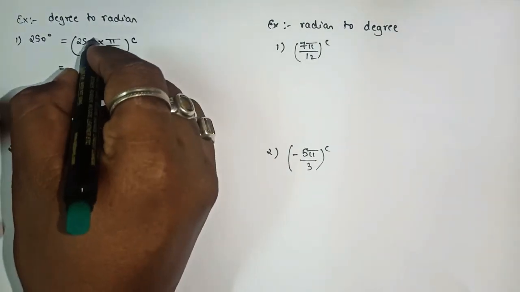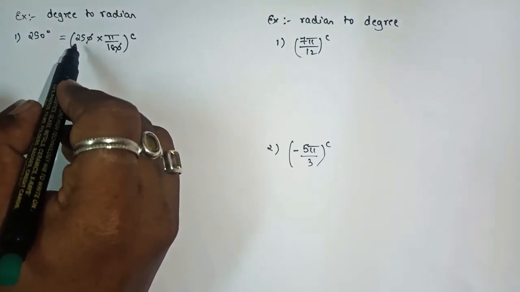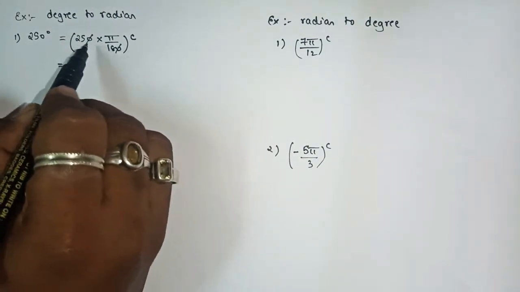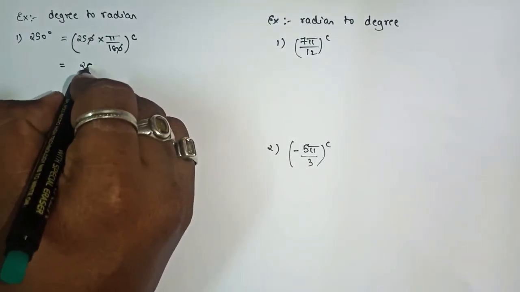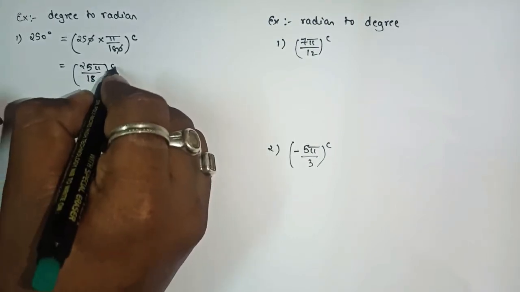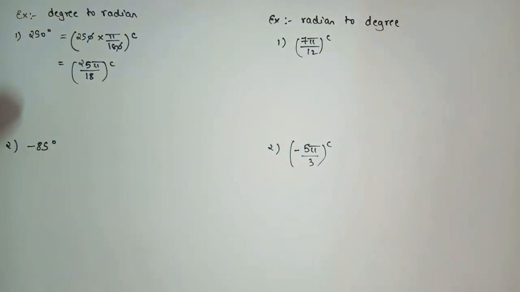We can cancel this 0 and 0, and further we cannot cancel 25 and 18 as they do not go in a common number. So we are left with 25 pi by 18 radian. That is the answer, as we cannot cancel further.